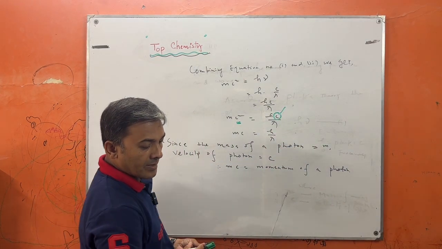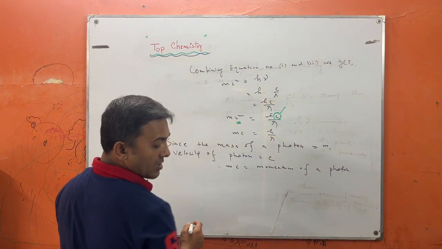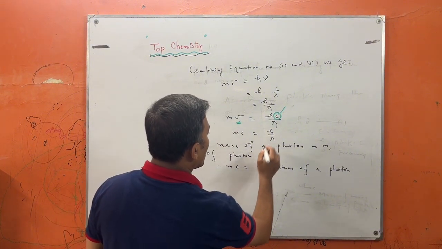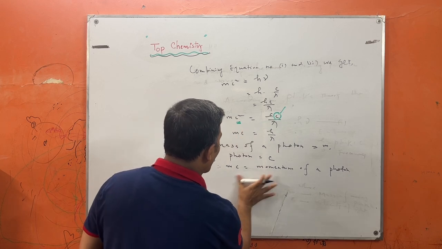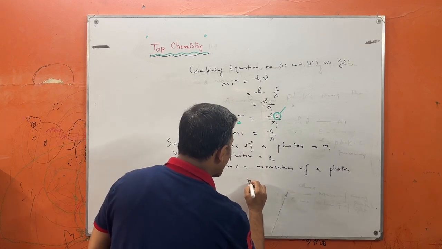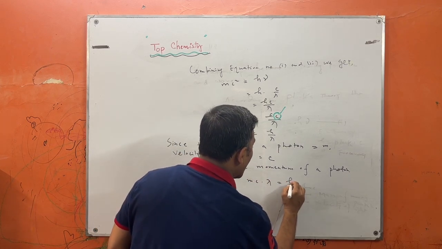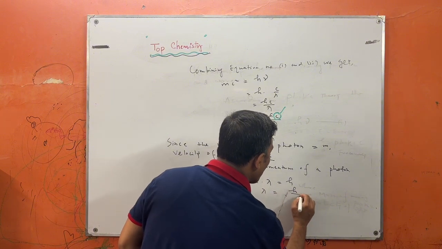My dear students, we can write lambda equal to, or cross multiplying, mc into lambda equal to h, so lambda equal to h by mc.